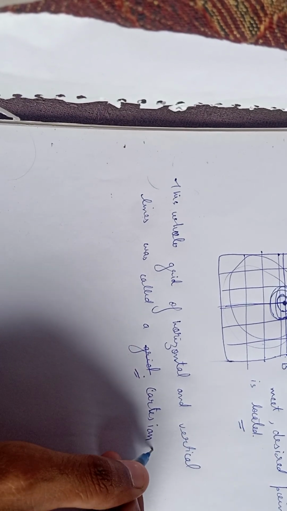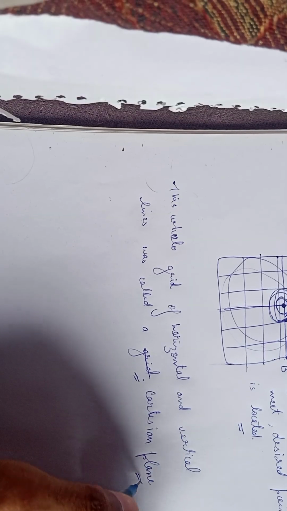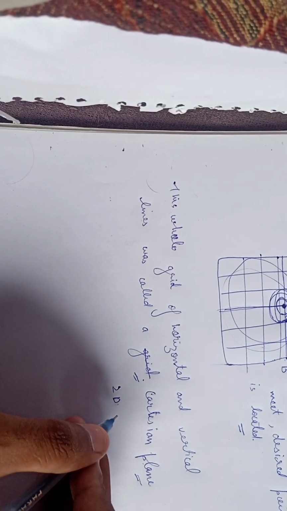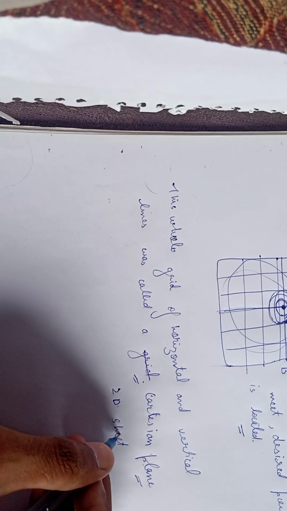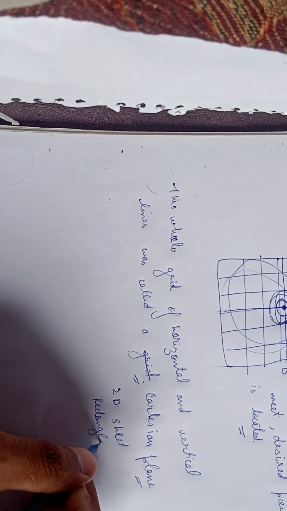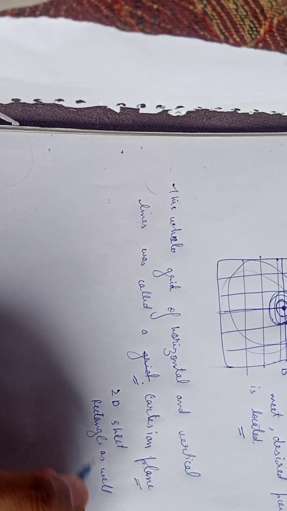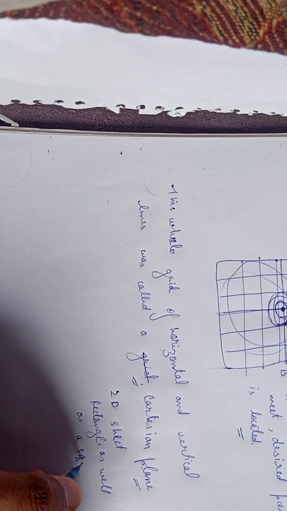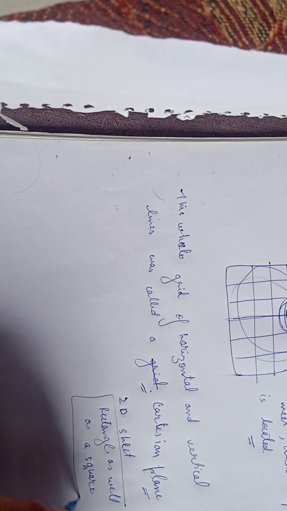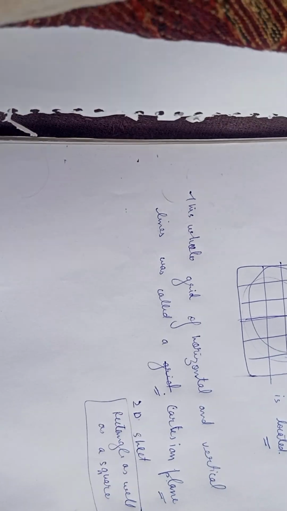A plane is nothing but a 2D sheet of paper, and it can be a rectangle as well as a square, or any shape you want. For the sake of simplicity, we take a rectangle or a square, right?